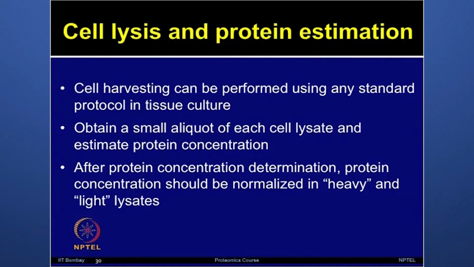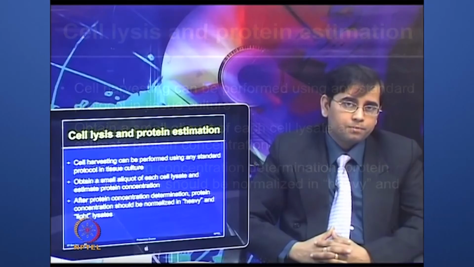We have talked about various methods of doing protein quantification earlier. One can use Bradford assay or some other type of protein quantification assays. After the protein concentration determination, the protein concentration should be normalized prior to mixing both heavy and light lysates.